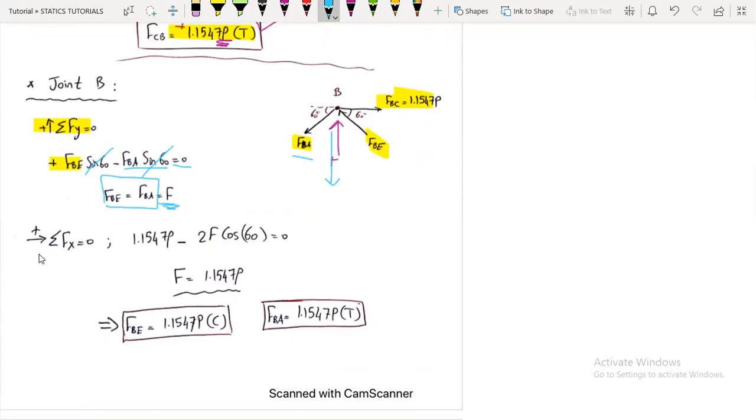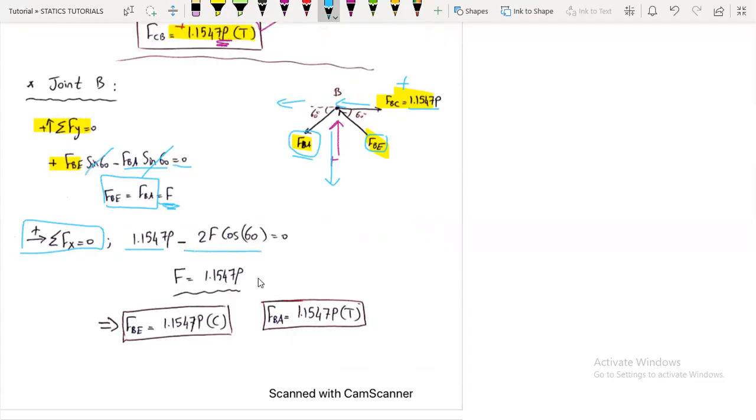Now taking the summation of forces in the x direction, we have plus FDC, which is 1.1547P, minus FBE cosine 60 minus FBA cosine 60. Both FBE and FBA have a value of F, so minus 2F cosine 60.